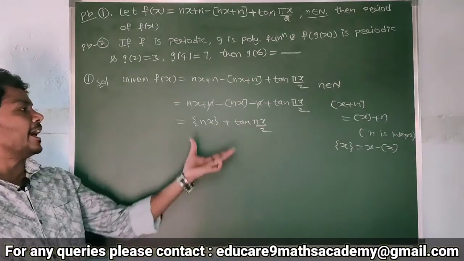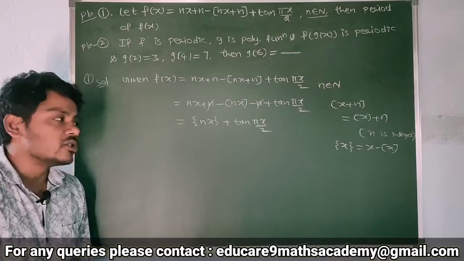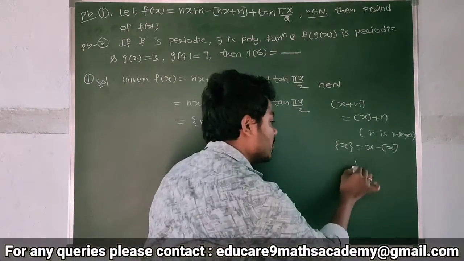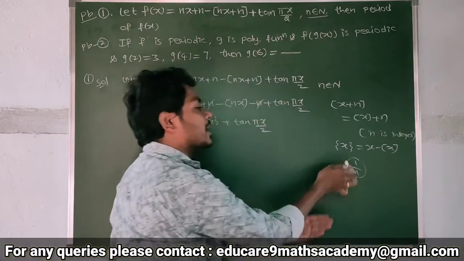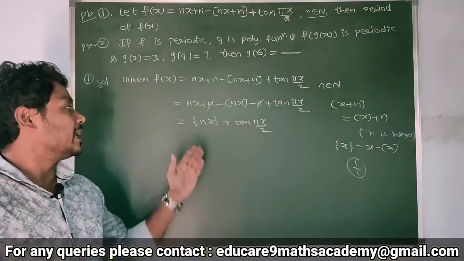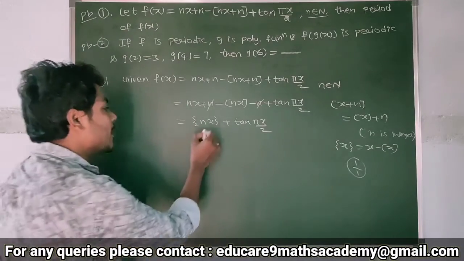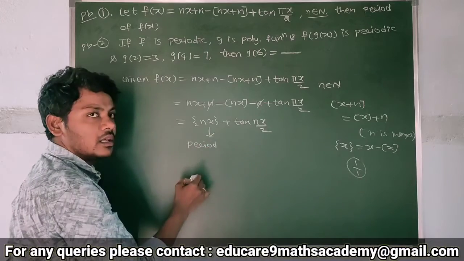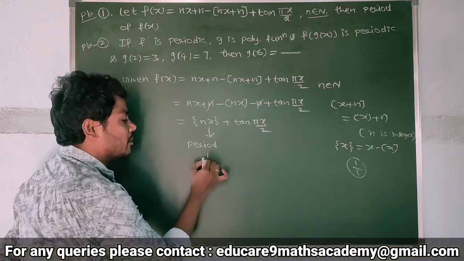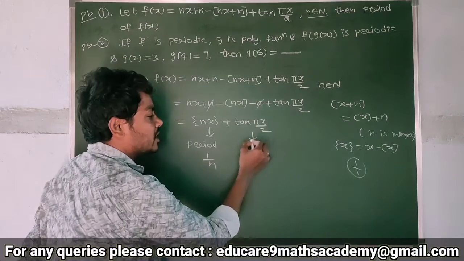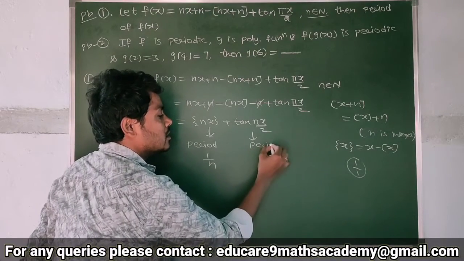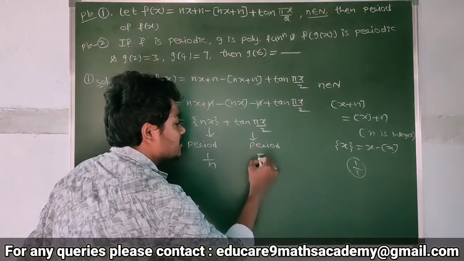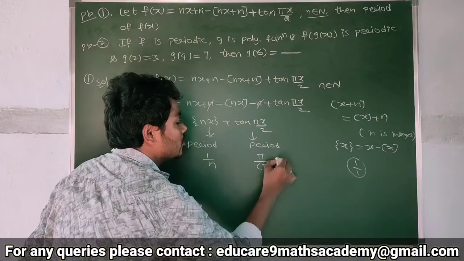Now you want to find the period of this function. So you know that the period of the fractional part of x is 1. So this is the period of the fractional part of x. But here nx is there. Therefore the period of this function is 1 by n. And the period of tan x is pi, so clearly this can be written as pi by 2.